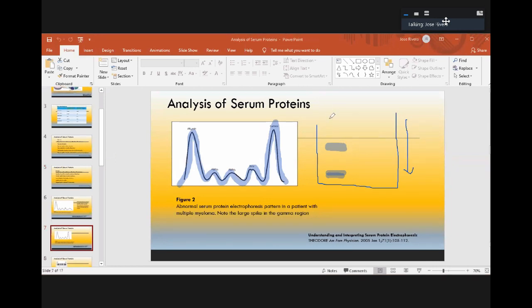So this would be the patient here. And then the person that has a normal IgG, the fraction may only look like a very single line or a very clear, very short line, and then the albumin will be the same amounts. Okay?